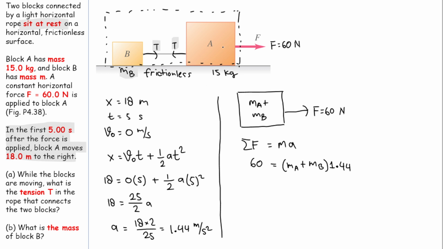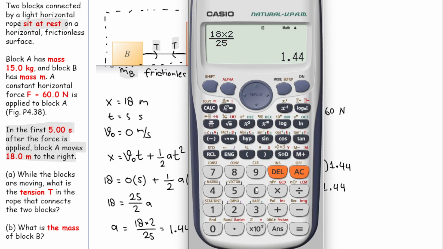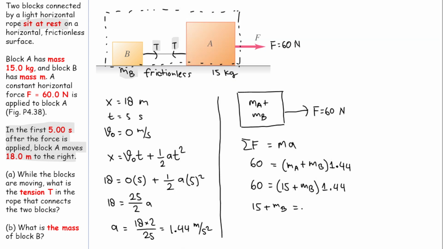But block A is 15 kilograms, so I have 60 equal to 15 plus MB, multiplied by 1.44. We can isolate the bracket, so I have 15 plus MB equal to 60 divided by 1.44, and that will be 41.67.